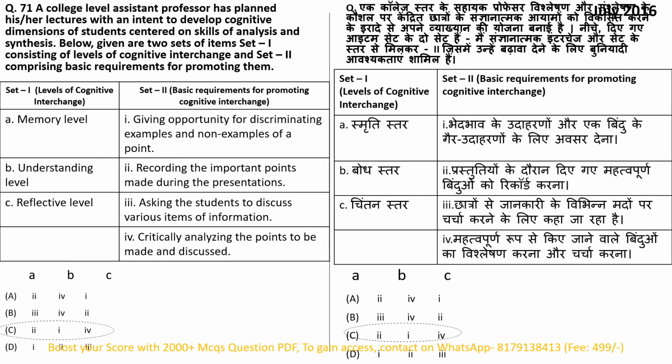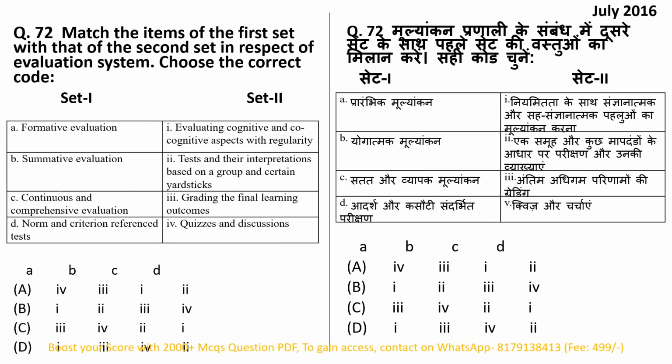Okay. C. Match the following with set items of set A with set B. Formative, summative, CCE, or norm and criteria reference test? The right answer here is option A. Formative goes with quizzes and discussions, and summative is your grading, final learning outcomes.